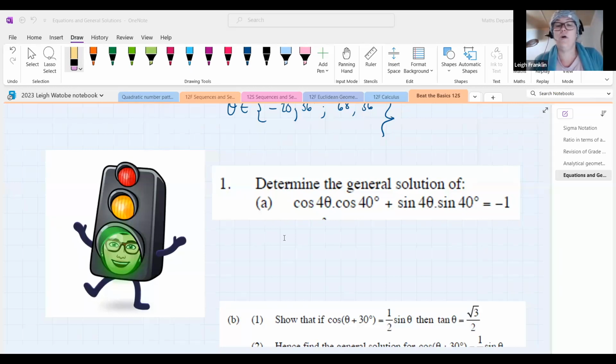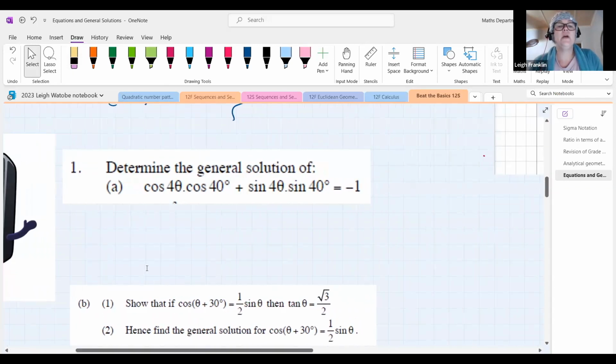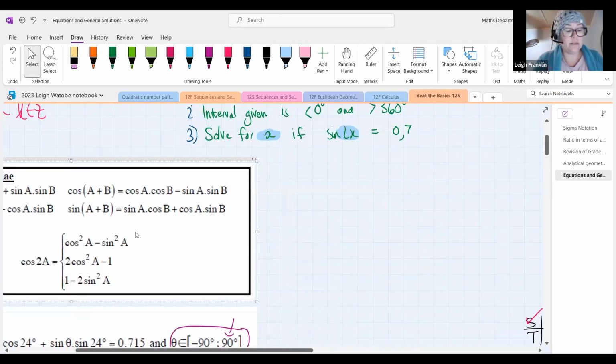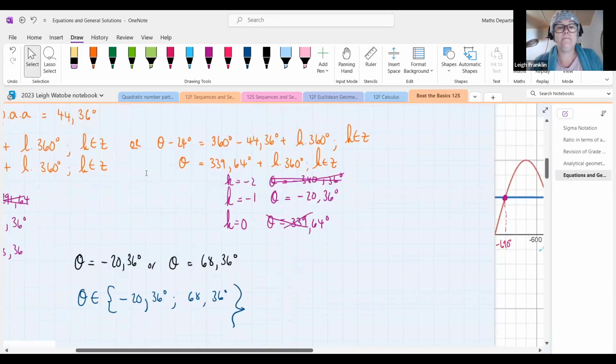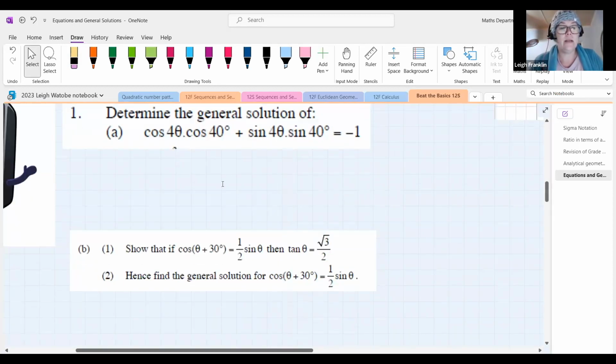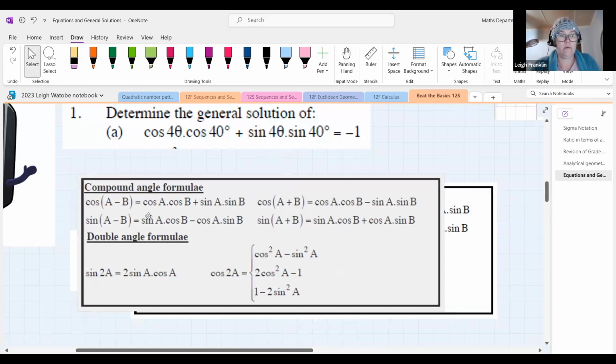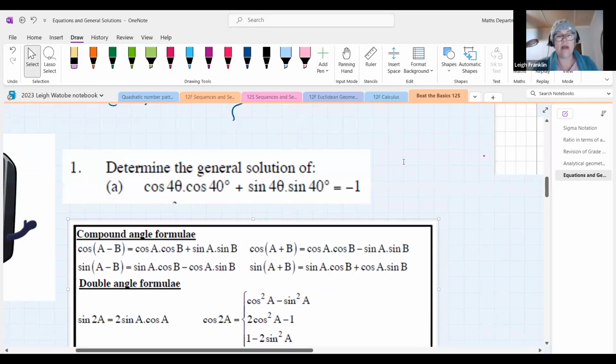Okay, so shall we try, before the end of the lesson, this one here? This number 1a. Let's put it over there. Okay, let's try 1a and let's see how that goes. We've got just over 10 minutes.